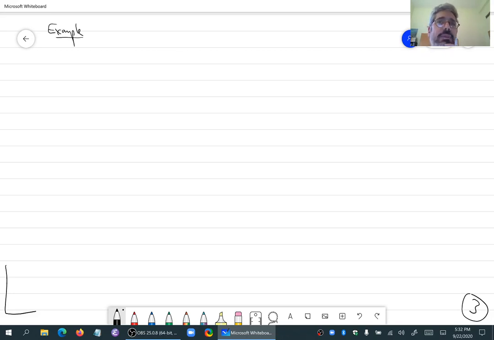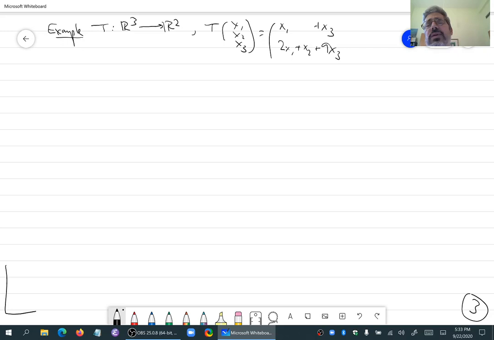So, how about we use the same example like before? T, which goes from V, which is equal to R3, let's just write R3, to R2, with T of x1, x2, x3 equal to x1 plus x3, 2x1 plus x2 plus 9x3. So T comes from the matrix 1, 0, 1, 2, 1, 9.